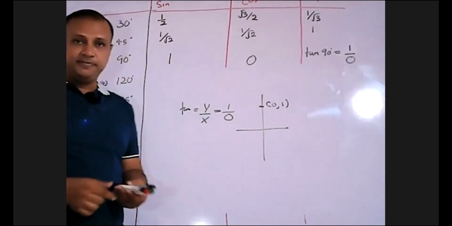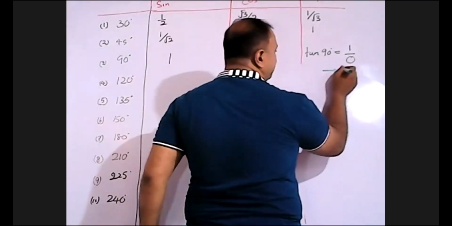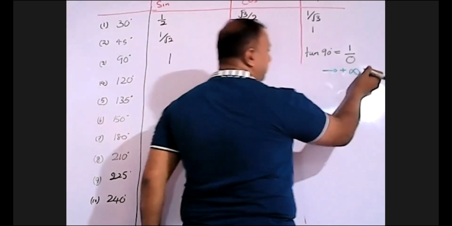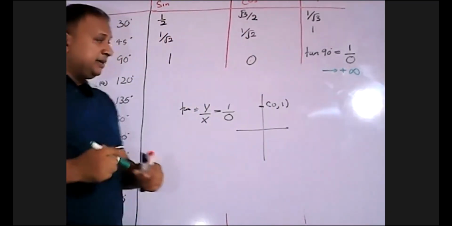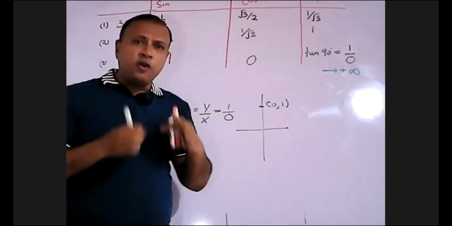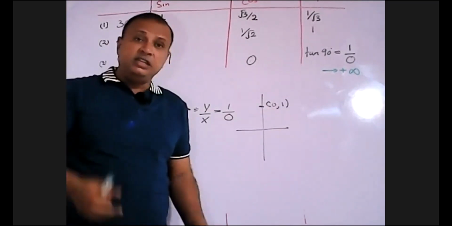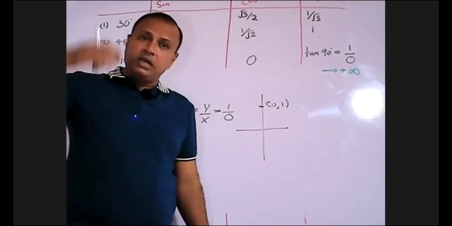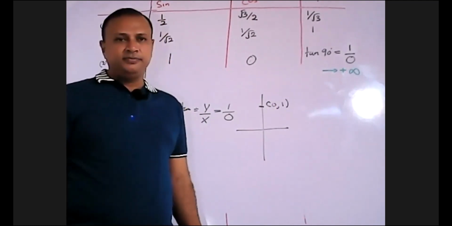Plus infinity. Infinity means the value is a very large value that cannot be determined. That's why we call it infinity. It is a very huge value, but we cannot determine that value. Okay.